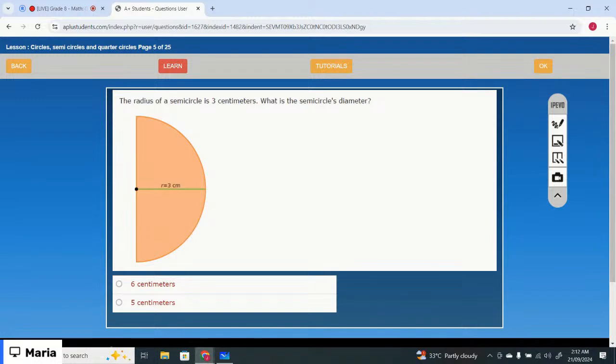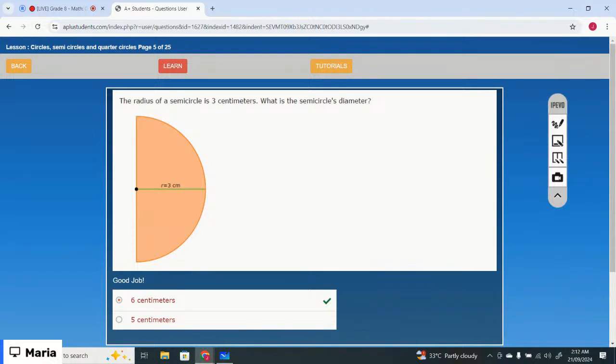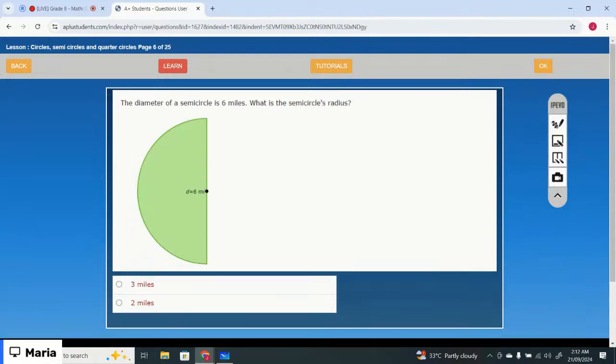The correct option is 6 centimeters. Option number 1 is the correct option. Okay, you can complete the lesson by yourself later today. Let's move on to the next lesson.